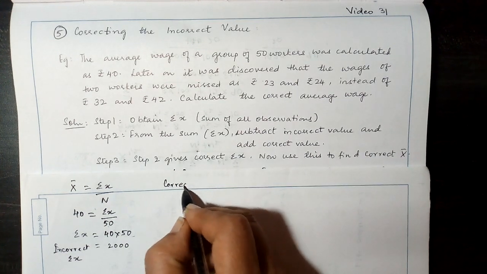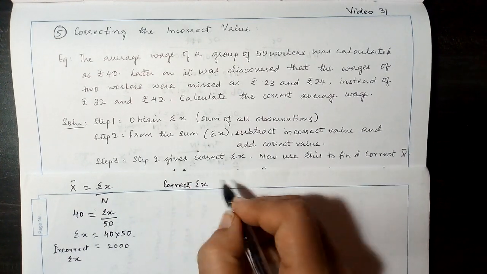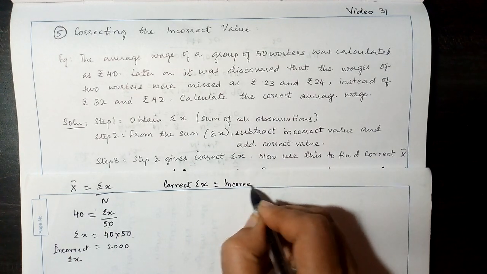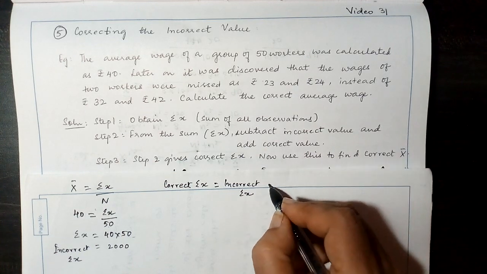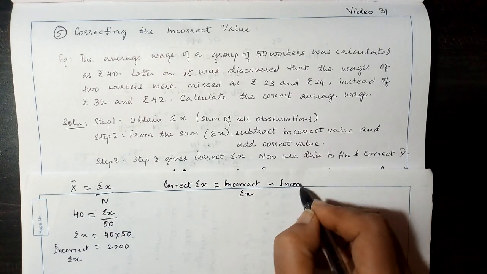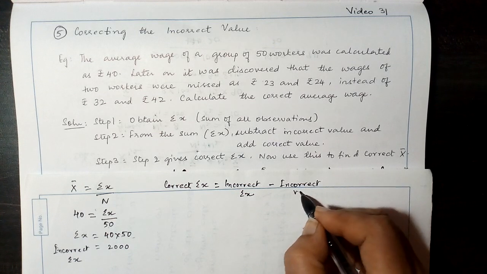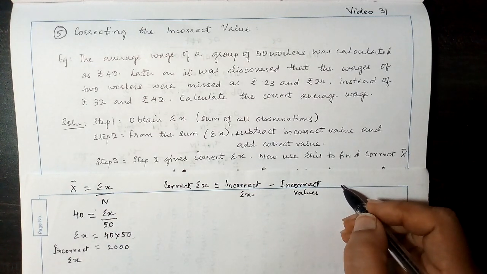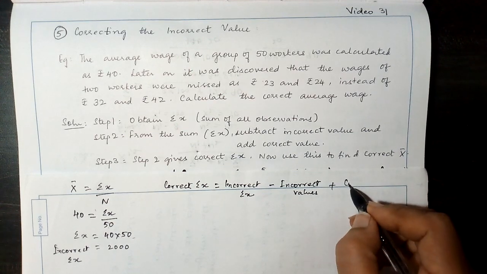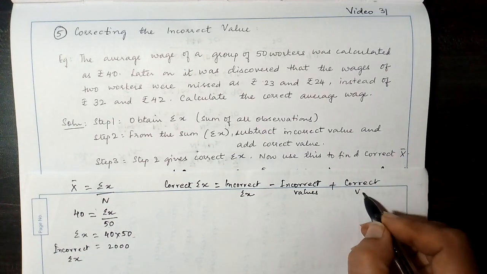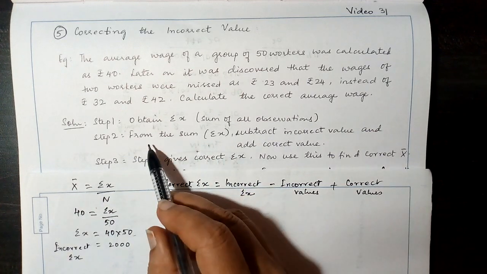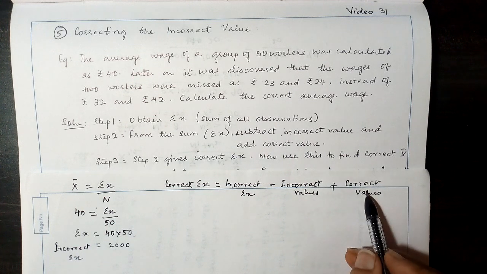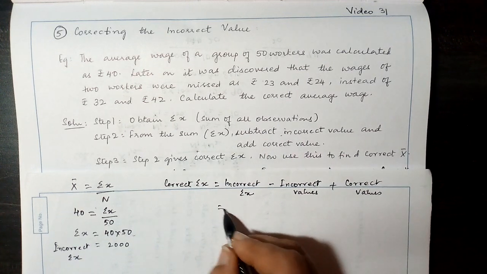Now let's calculate the correct sigma x. The correct sigma x would be given by the incorrect sigma x minus the incorrect values, which were taken down by mistake, plus the correct values. So in step 2 we wrote: subtract the incorrect values and add the correct values.